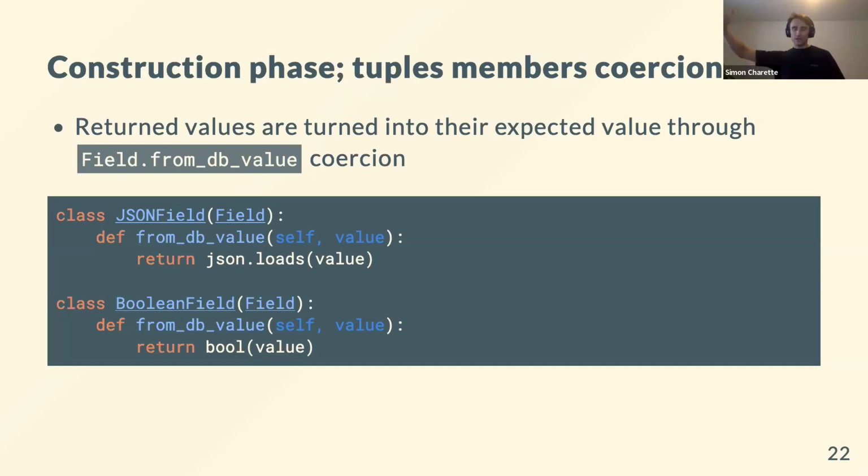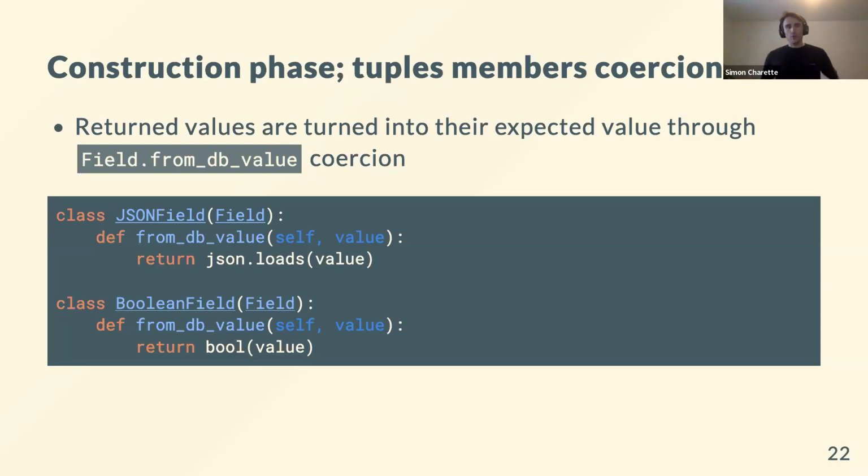Even if it's stored as JSON and able to be manipulated by the database backend as JSON, when it gets turned back to Django, it's in a string form. So it needs to be turned back into an actual JSON structure. And the way you do that, JSON is transmitted as a string over the wire, and we do a JSON load, and we use the decoder that you might have defined on your JSON field.